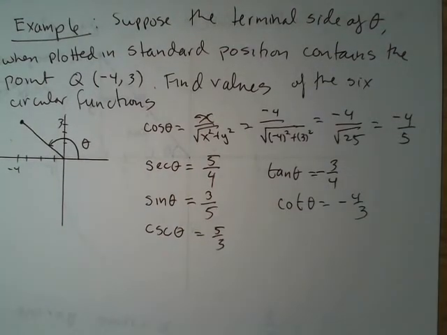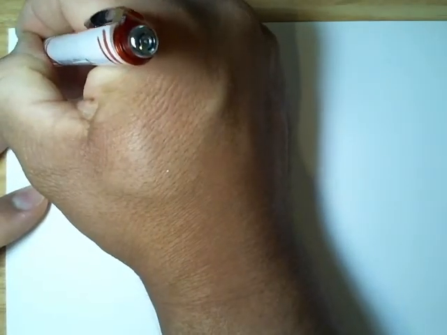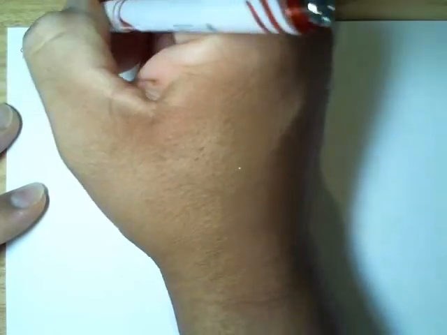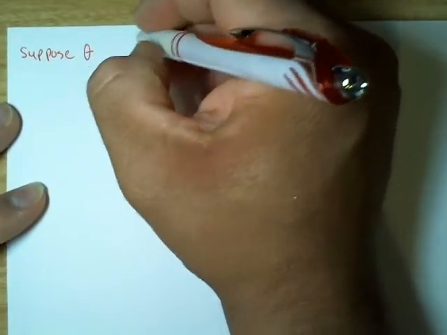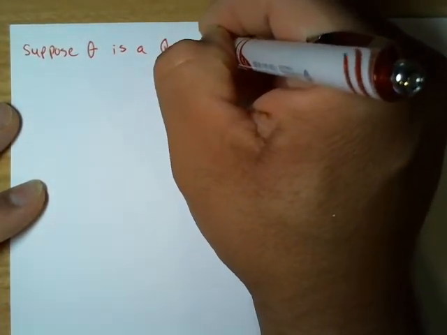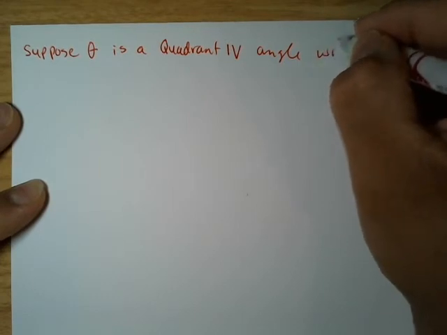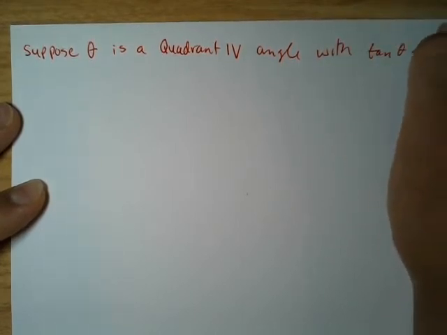All right, let's try one more example here. Suppose theta is a quadrant 4 angle with the tangent of theta equal to negative 1/4.